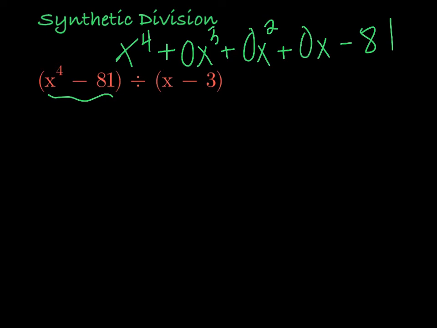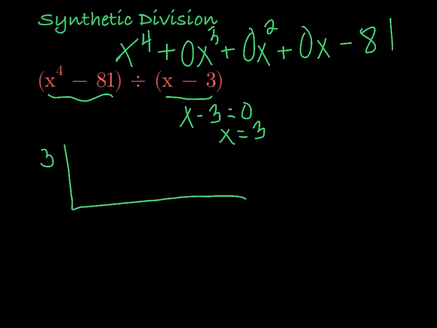Now we're going to do the same thing we did in the last one, and use our synthetic division. Here's our divisor, so the root I'll be using in my synthetic division is 3. So 3 will go on the outside of my big long radical, and my coefficients will go on the inside.